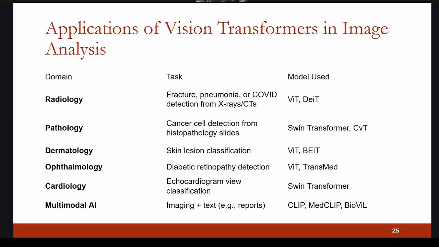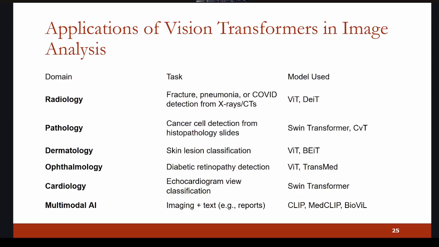In the CLIP model, both text and image encoders will be present. That will be used to perform the classification task in case of your multimodal AI.